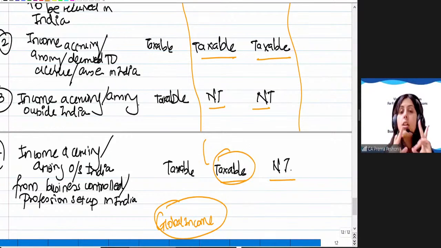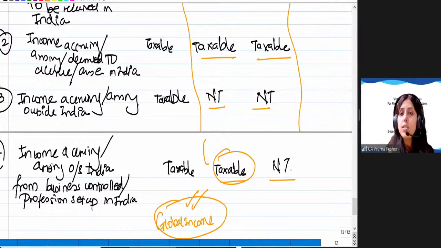First of all, you need to file your return of income disclosing your global income, because for ROR you have to disclose your global income. So even if you have earned the income outside India, you have to disclose all of that. Also in your return of income, you have to disclose your global assets for ROR.